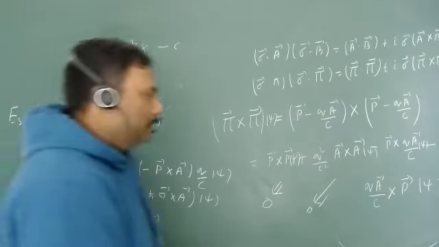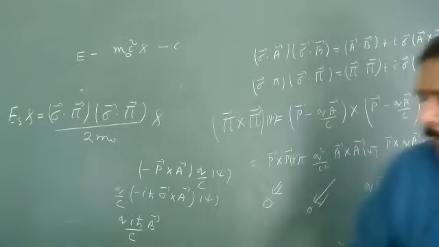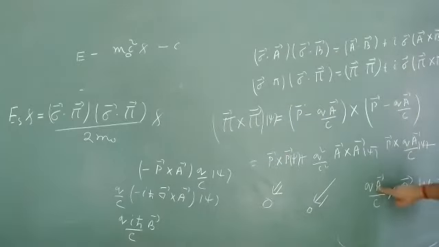Now the last part is there. What will happen? A cross P. And if we are operating psi here, what will happen? A cross P. So when you are writing this, A cross, what is P? Minus i h cut del psi. So what will happen to del psi?